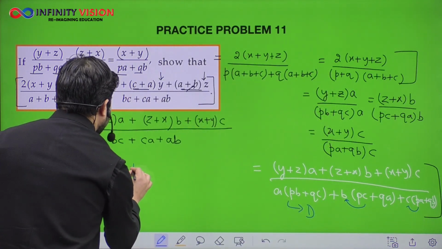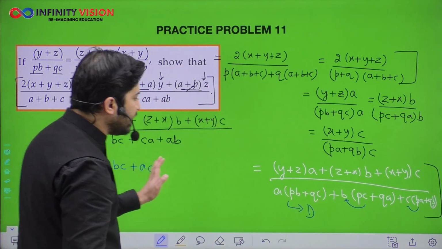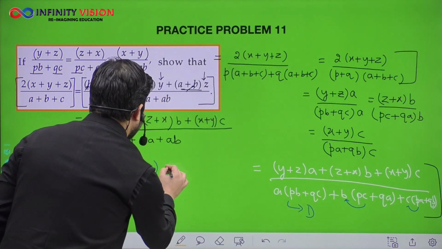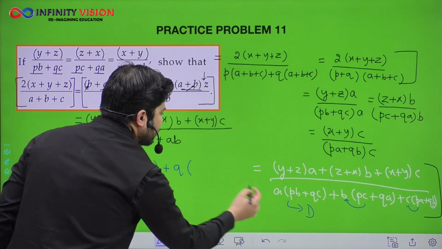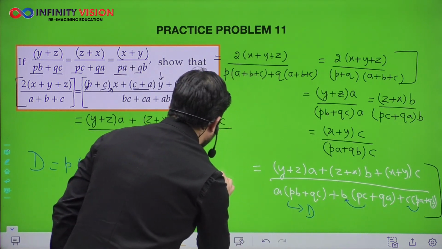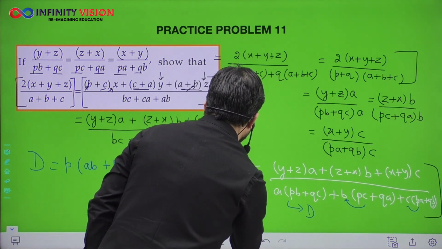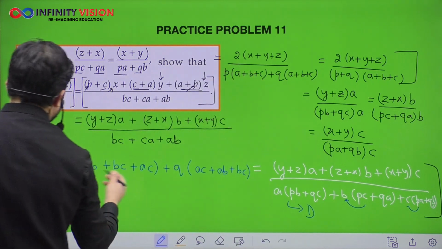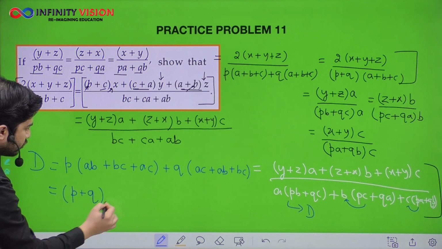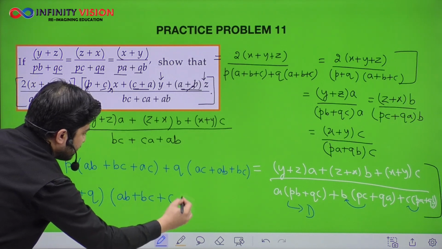So I can say the sum of consequents would turn out to be p into (ab plus bc plus ca), and with the symmetry you can say q into ac, q into ab, and q into bc. So you have successfully been able to write your denominator as (p plus q) into (ab plus bc plus ca).